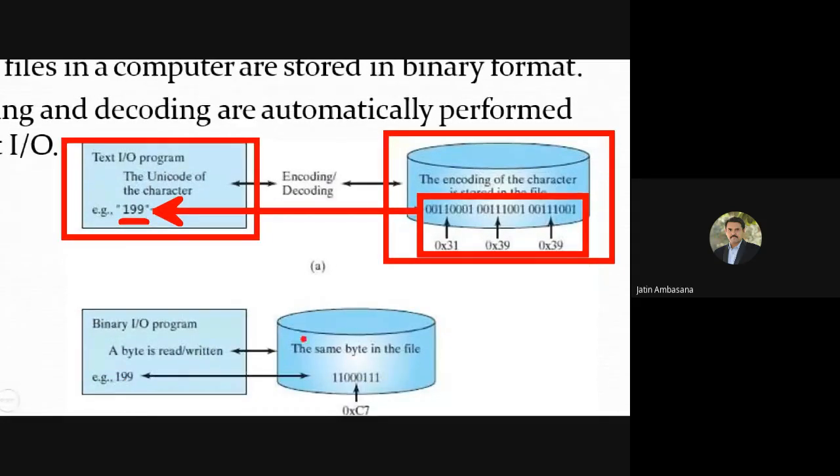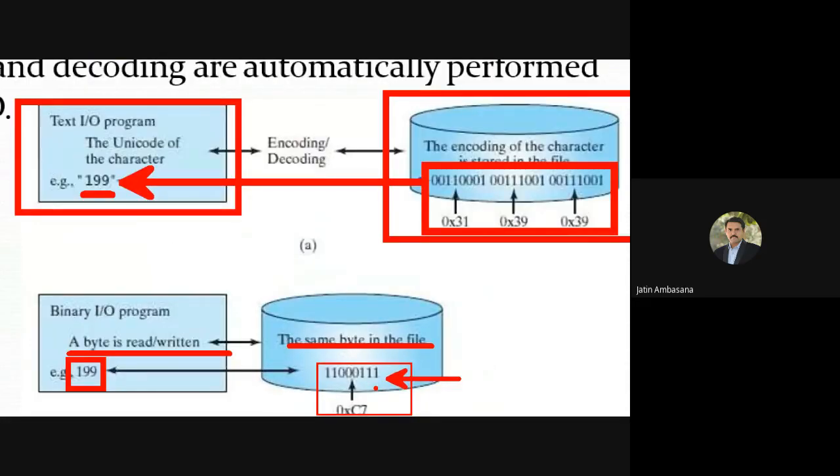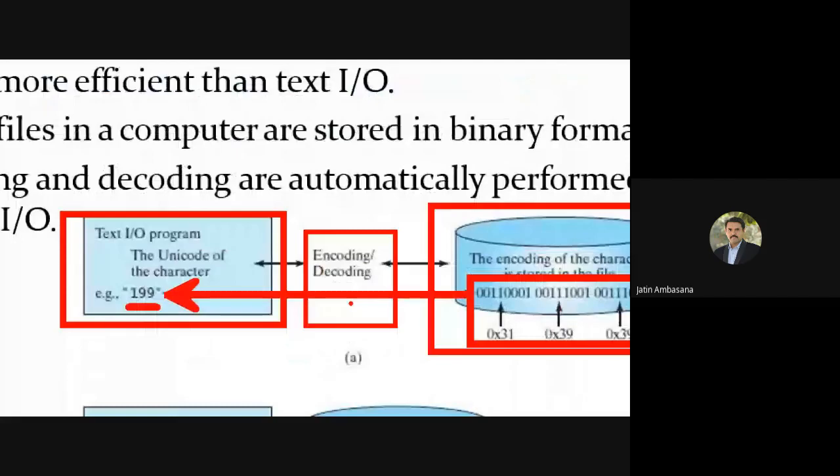Similarly, if a byte is read or written, the same byte is in the file. So 199 is represented as 0xC7 or 11000111, and the same byte is written into the file as it is. That's why binary I/O is much more efficient. It does not require this encoding and decoding part.